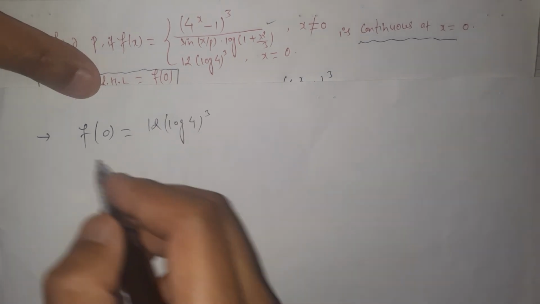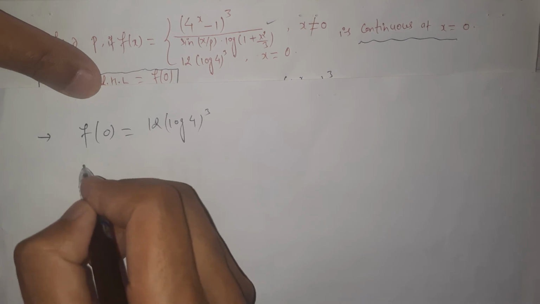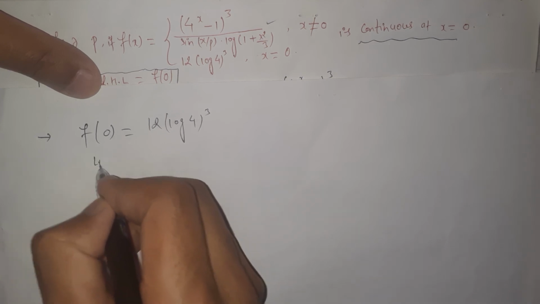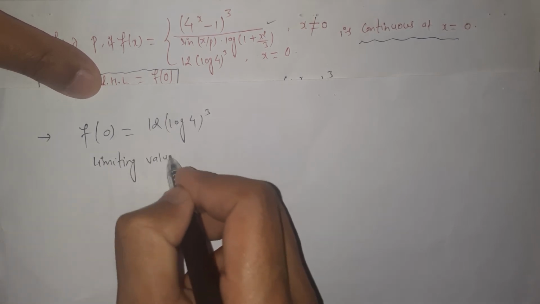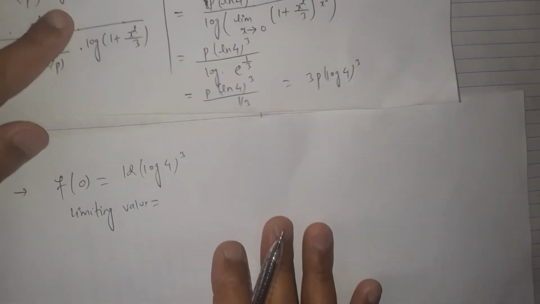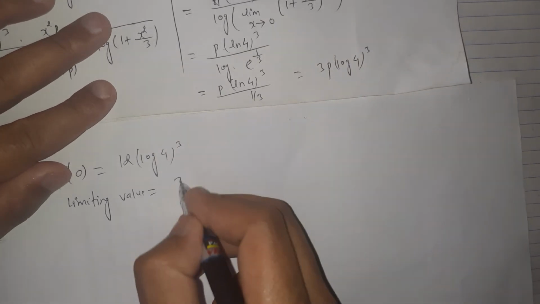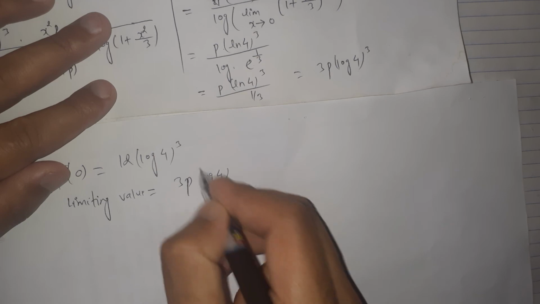This is the functional value, and here we calculate the limiting value. The limiting value is 3p times log of 4 to the power 3.